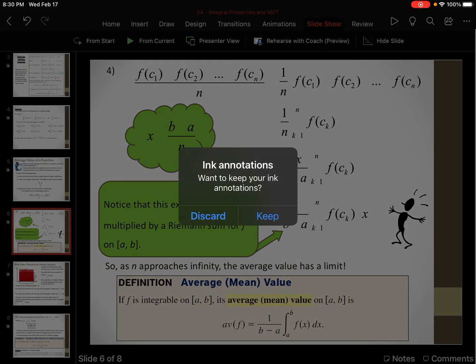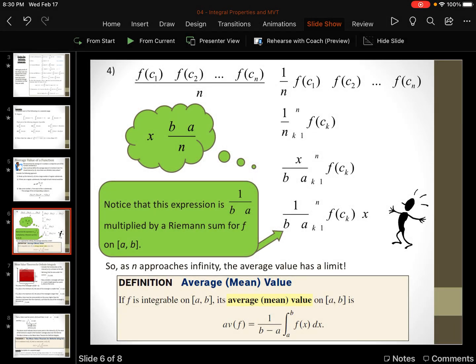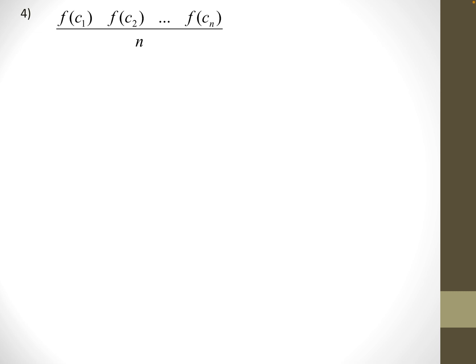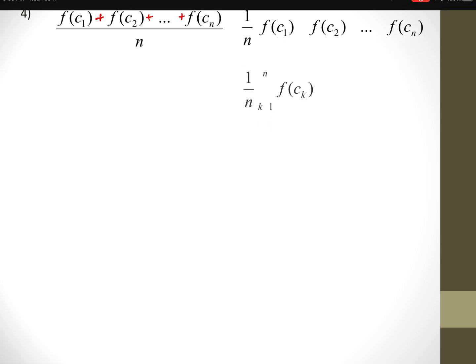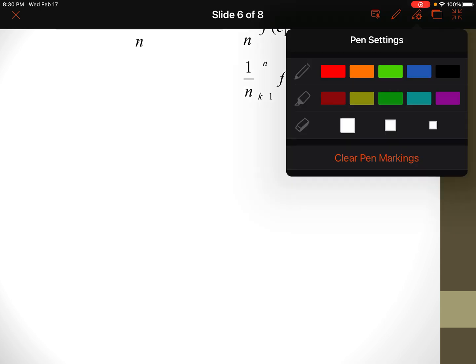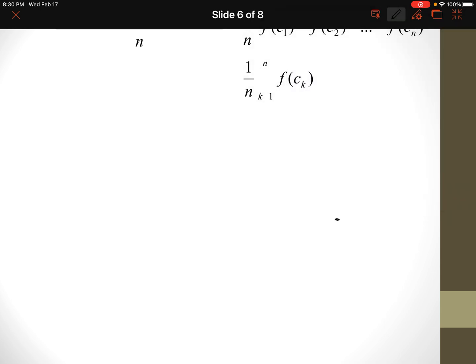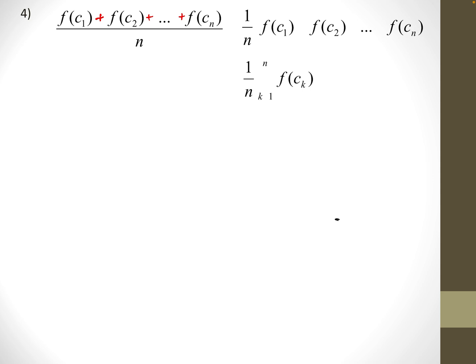So what we end up with here, this is just from the previous slide, is we're adding up all of these different function values and dividing by how many there is.